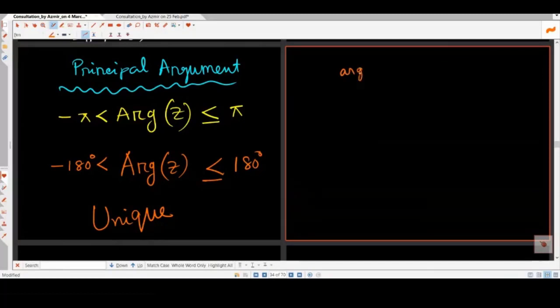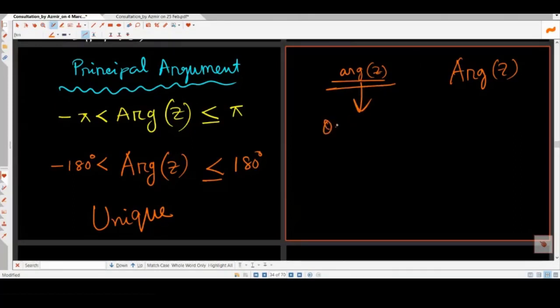Argument is denoted as small arg of Z, and principal argument is capital ARG of Z. So this can take a set of values. You have learned that it is theta plus 2k pi, so multiple values come here, but here we will get only a unique value, only one value.